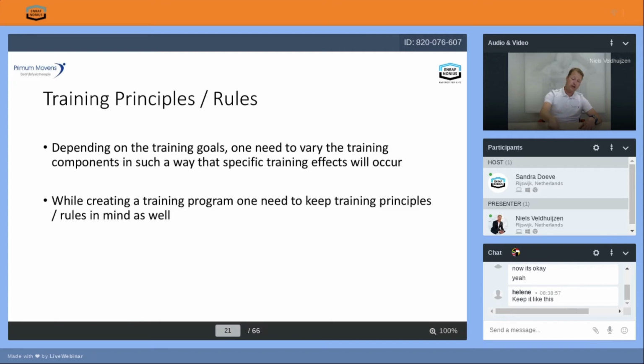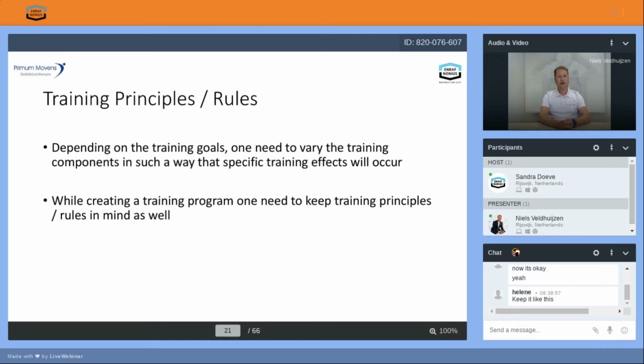In order to reach that goal, you should change the components of the training, so it will be directed specifically on that training goal. So the effects will be realized in that goal. So while creating a training program, you need to keep the training principles and rules in mind as well.